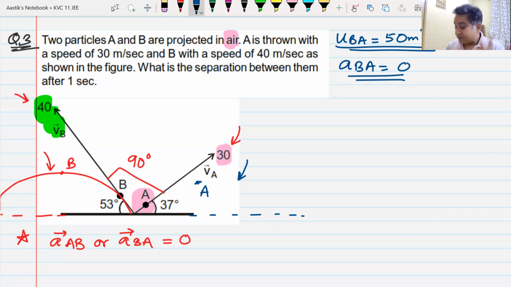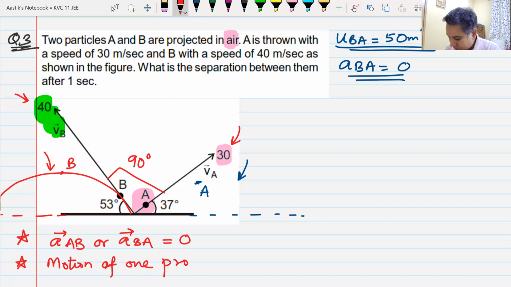The motion of one projectile with respect to the other projectile when both of them are in air is always a straight line. When I say projectile, they are moving under gravity. Do we understand this?